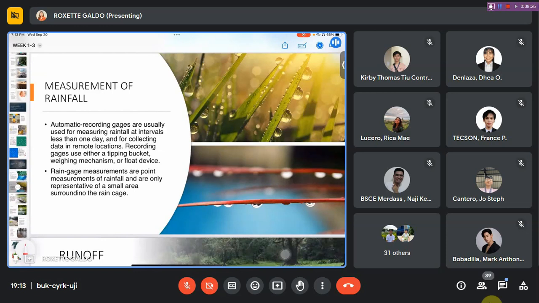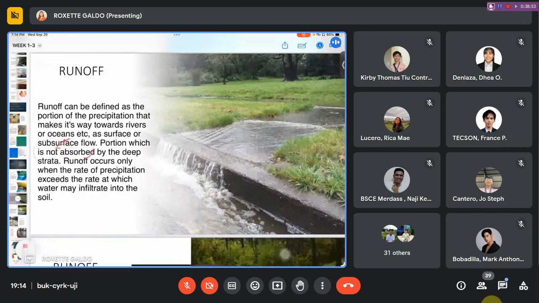Okay? So either way, you can still determine or measure the rainfall intensity. And from that, once you are able to compute the rainfall, it would be easier to anticipate the volume of the runoff. And then that is where you can start with the design of your drainage system.